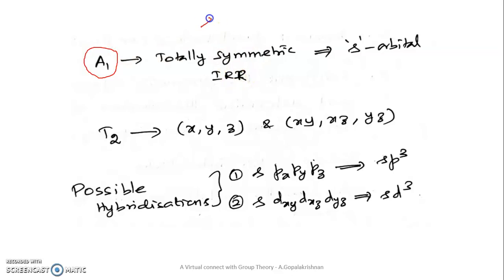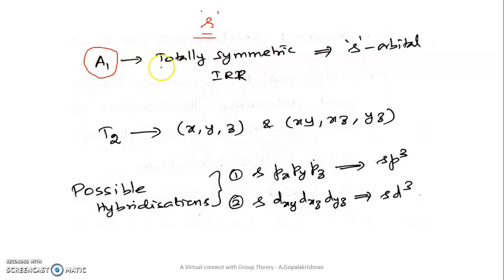Listen, the s orbital is spherical in shape, so this orbital must belong to the totally symmetric irreducible representation in all point groups. Keep this in your mind. In the character table, the s orbital information is not available, but always the s orbital must belong to the A1 representation.